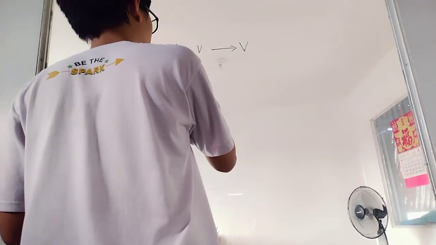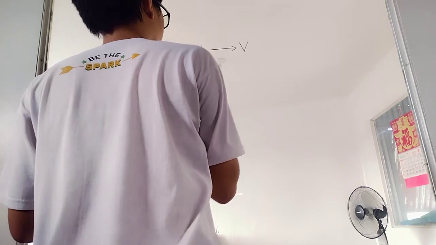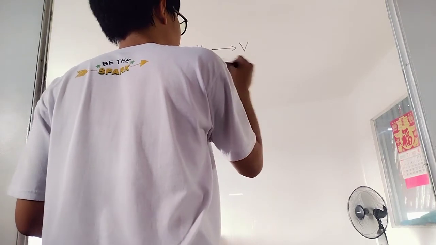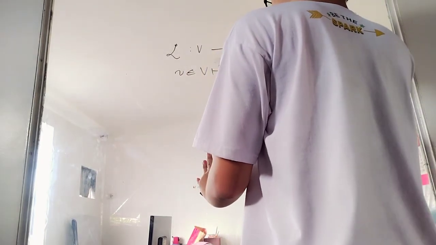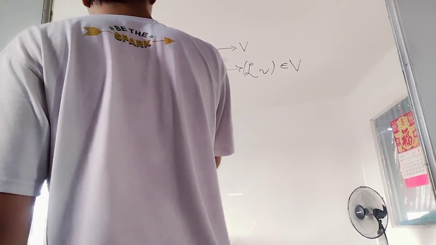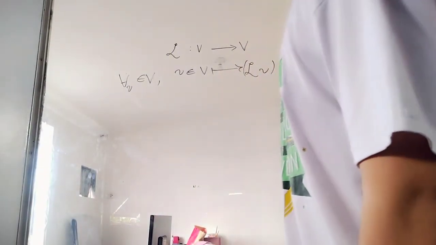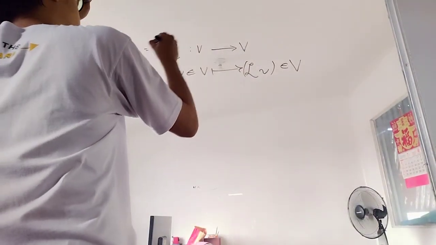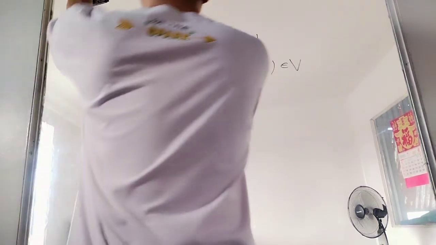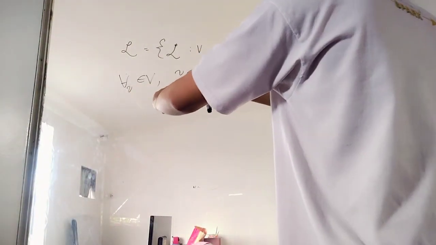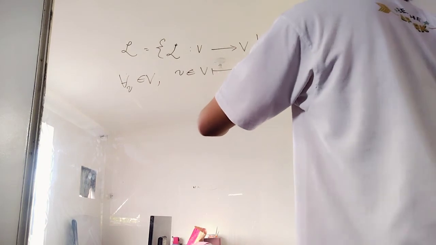Wherein a vector v in V is mapped onto some L of v, which is still inside of V. So for all v in the vector space, our linear transform is equal to this generalization, such that for all v inside V, v is mapped onto L times v.